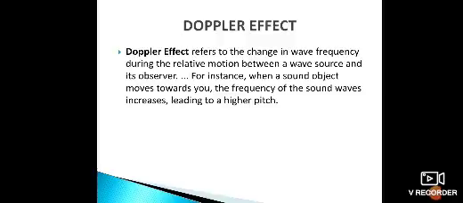The difference between the two frequencies is called the Doppler frequency. It refers to a change in the wave frequency during the relative motion between a wave source and its observer.